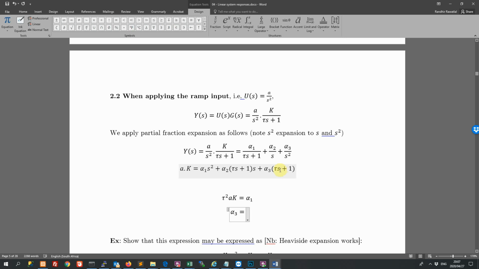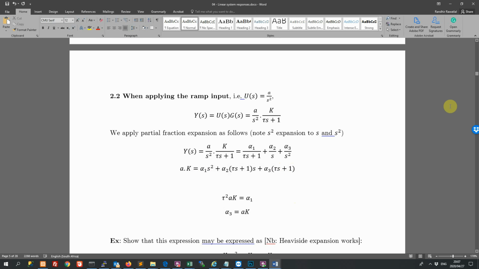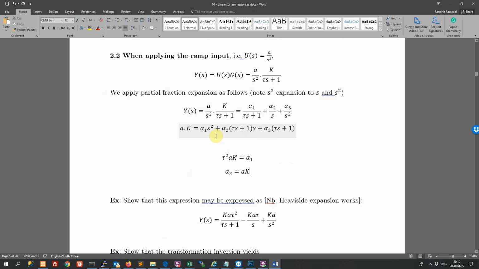So tau s disappears here, s equals 0, so that leaves us with just the 1. And so this is AK. So alpha 3 equals AK. And then for alpha 2, let's see, what could we apply there? Well, you could apply virtually any value here. You could use s equals 1. 1 over tau is a good choice.